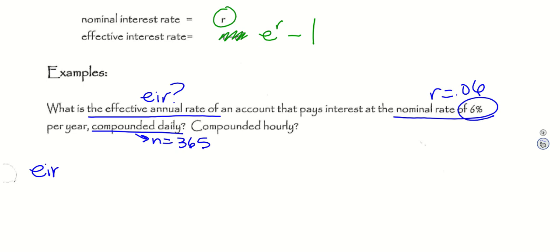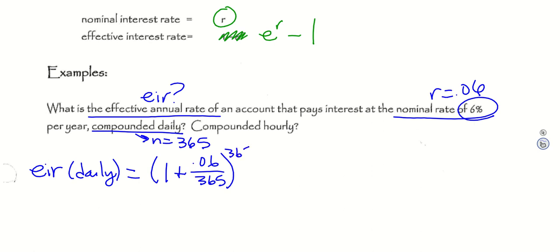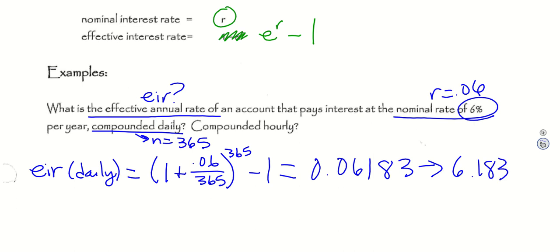So my EIR for daily will equal (1 + 0.06/365)^365 minus 1. I evaluate that and I end up with 0.06183. So that is an effective interest rate of 6.183%.